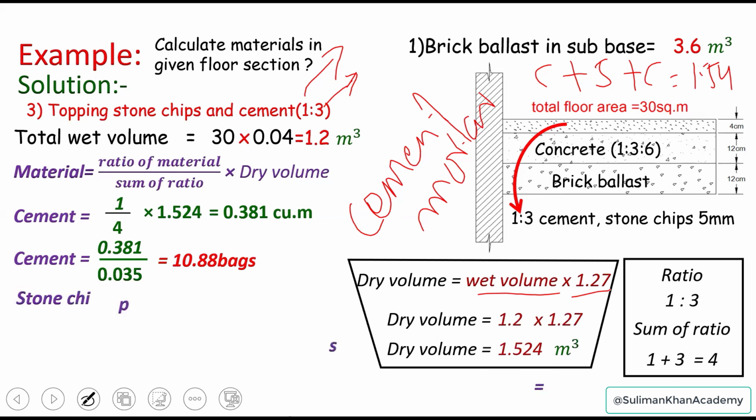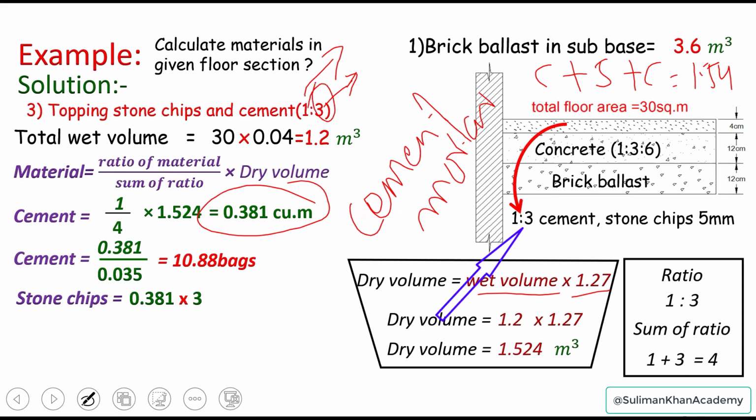And next we have stone chips, which are just small stones. You may have seen these on site, maybe in your home while constructing floors. The quantity of stone chips is the cement quantity, which we calculated a few seconds ago, times the ratio of stone chips, which is 3.